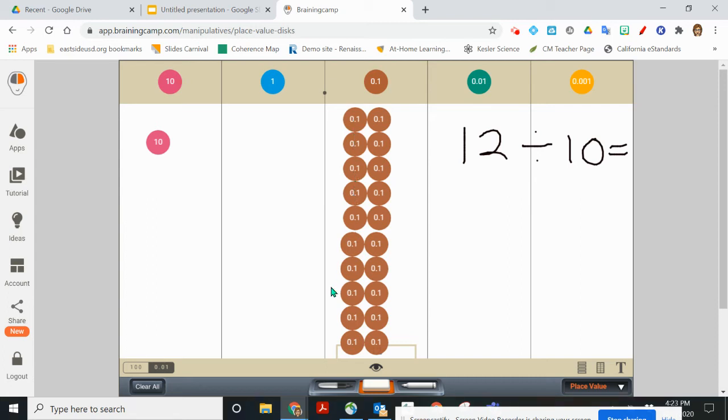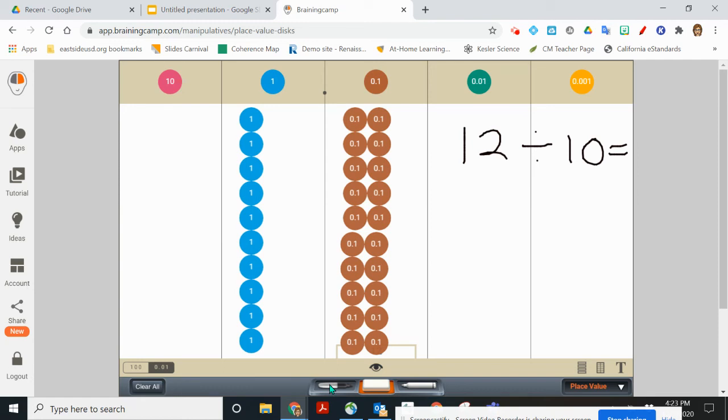Let's verify. And now let's regroup our tens to ones. And again, we have exactly 10.